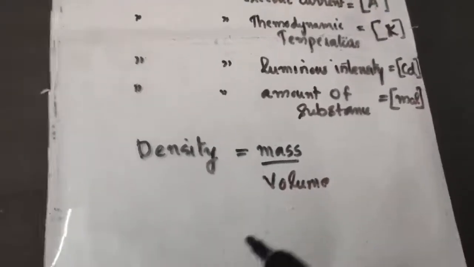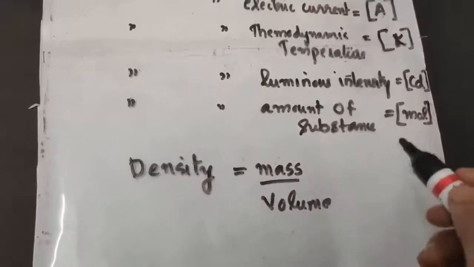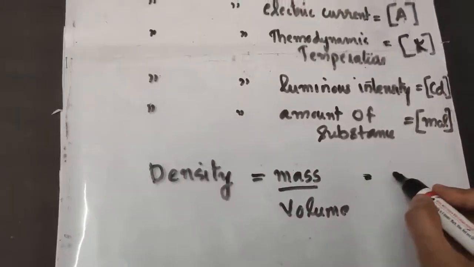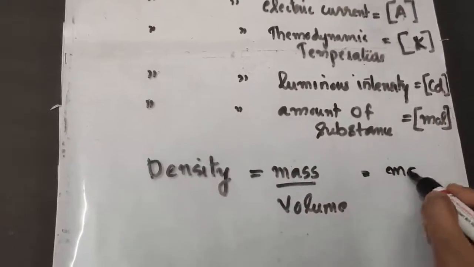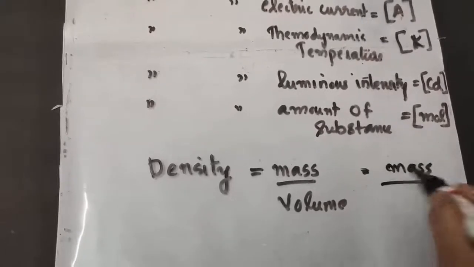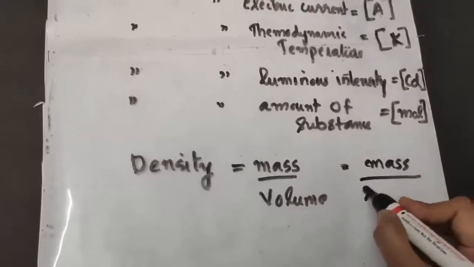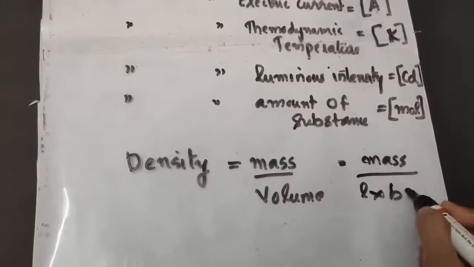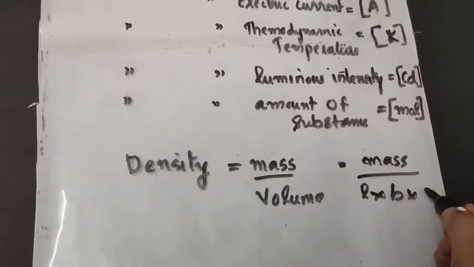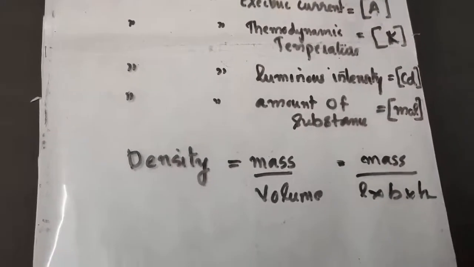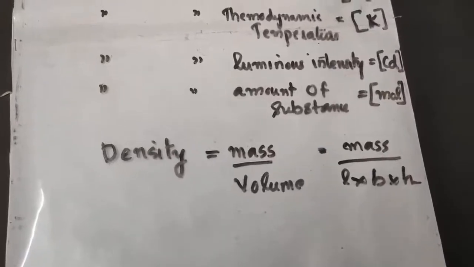For that, we can write this equation as mass divided by volume, and length into breadth into height will give you volume.